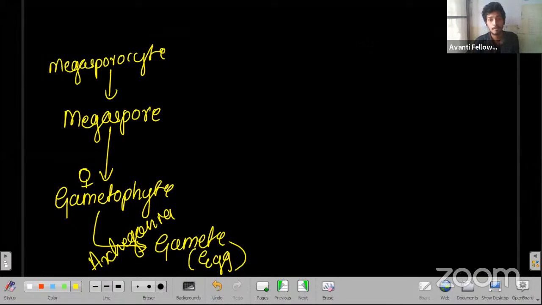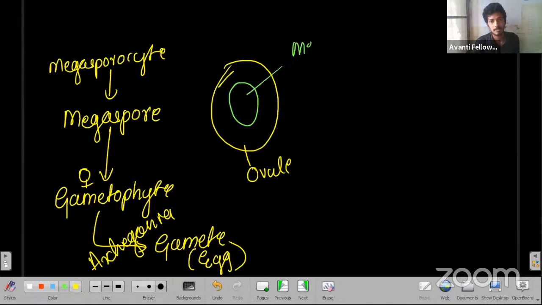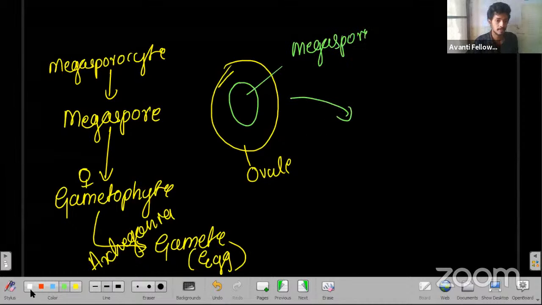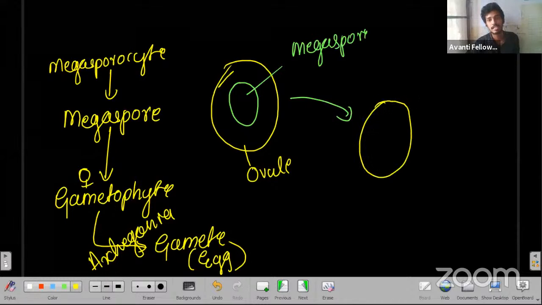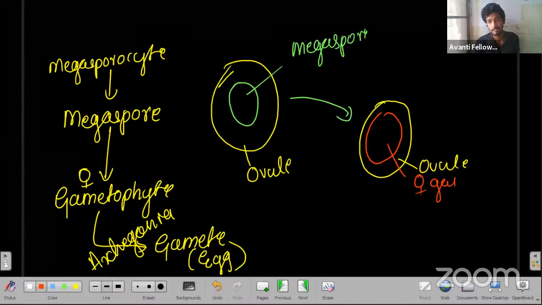In the initial days, if I say this is the ovule, it contains the megaspore. In later stages, this will still be the ovule, but inside it will contain the female gametophyte. Same site, no different site.